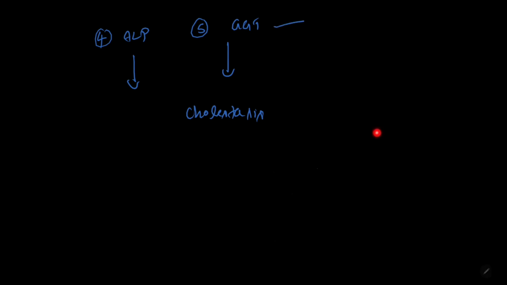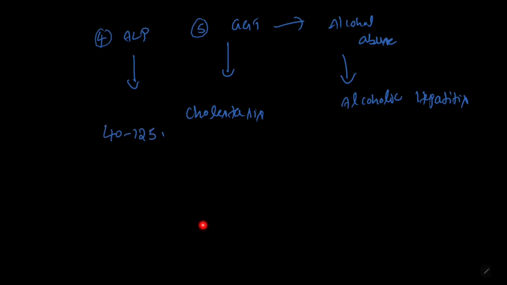GGT is more sensitive to alcohol abuse, so levels will be elevated in case of alcoholic hepatitis. Alkaline phosphatase normal range is 40 to 145 international units per liter. GGT normal range is less than 55 international units per liter.